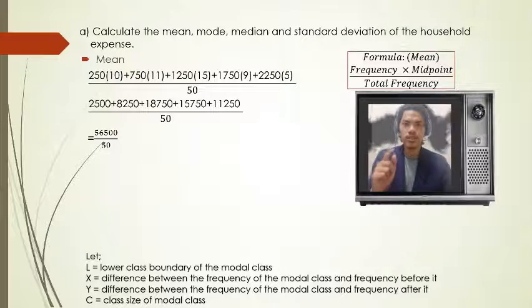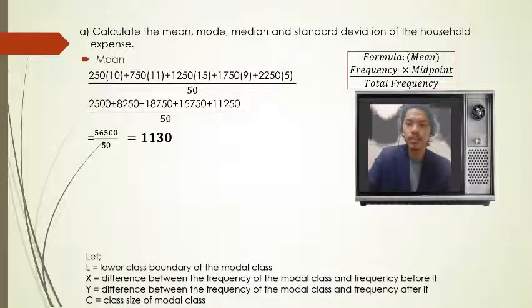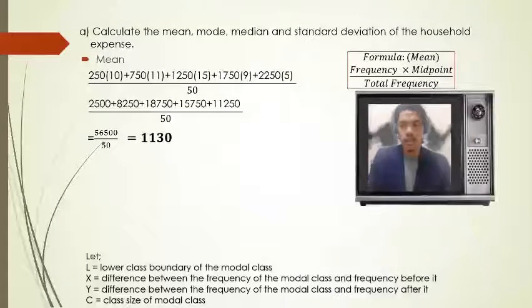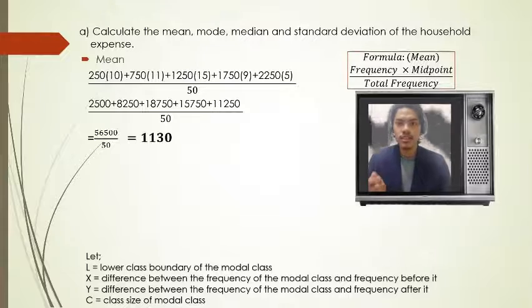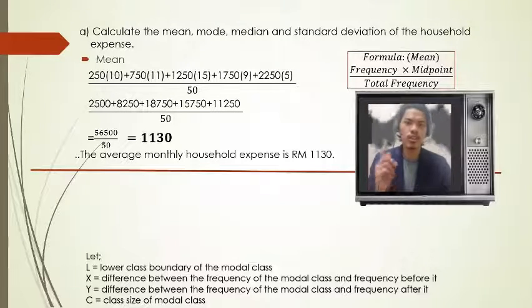Don't forget to divide by the total frequency, which is the sum of the frequencies, which is 50. And we get 1130. Thus, the average monthly household expenses is 1130 ringgit.